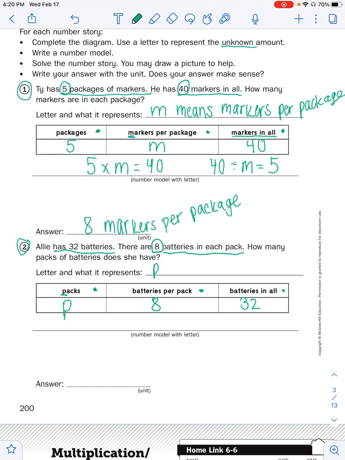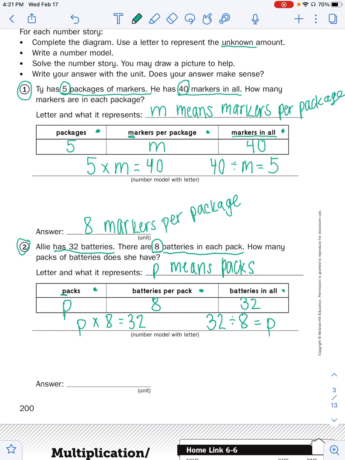So P means packs, or packs of batteries you can put. All right, make my multiplication sentence. P times 8 equals 32. Or I can do division, 32 divided by 8 equals P. You're going to get the same answer either way.